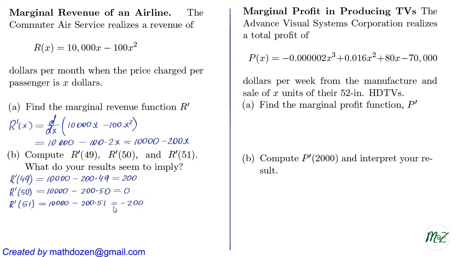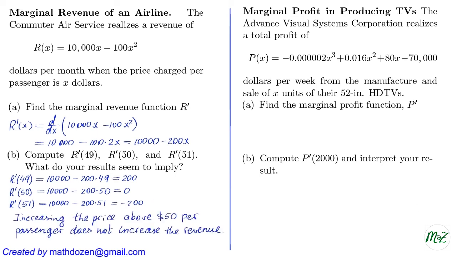And at $51, if we increase the price by $1 more, we expect to actually lose money. We expect to decrease the revenue. So it appears that increasing the price to be above $50 per passenger does not really increase the revenue. So it's probably not something that you would want to do in this situation. Okay, that's what the marginal revenue is actually used for.